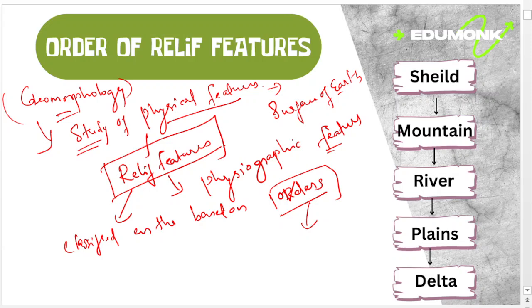By considering the orders, or the type of formation, the physical features on our Earth can be classified into three orders.